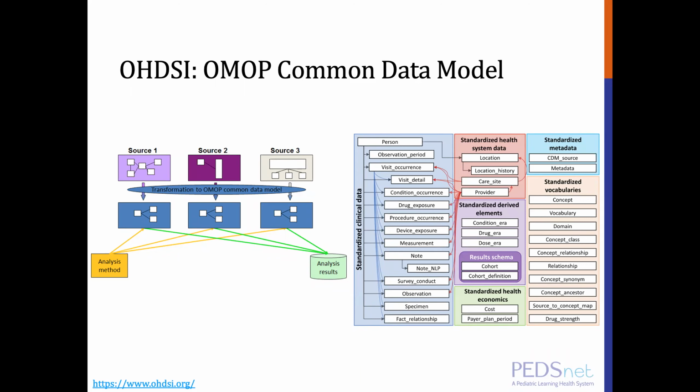To the right is just an overview of the common data model showing how things are organized into things like the person table, drug exposure, procedure occurrence, measurement, etc.